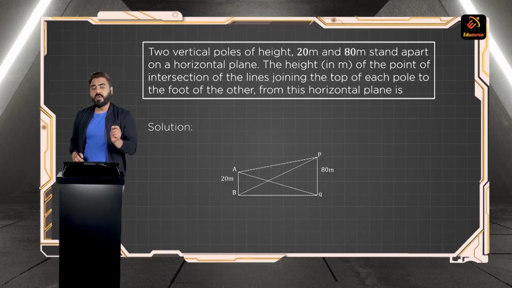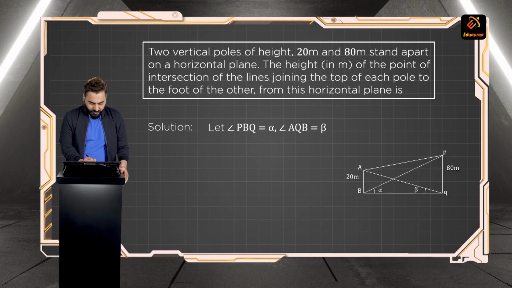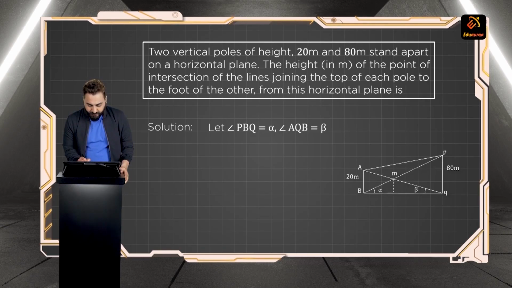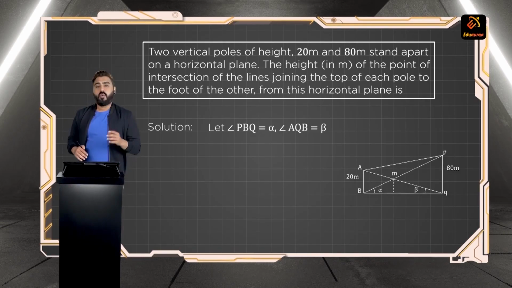Now students, according to our given conditions, what do we do here? Angle PBQ, let's say it is alpha, that is this angle. Let's say angle AQB be beta. Now what next?